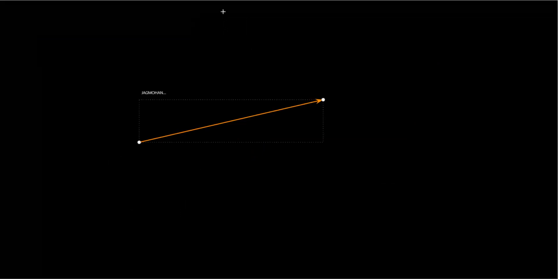Suppose I have two vectors here. This is, say, A bar, and the other vector I have is B bar. This is vector B bar and this is vector A bar.